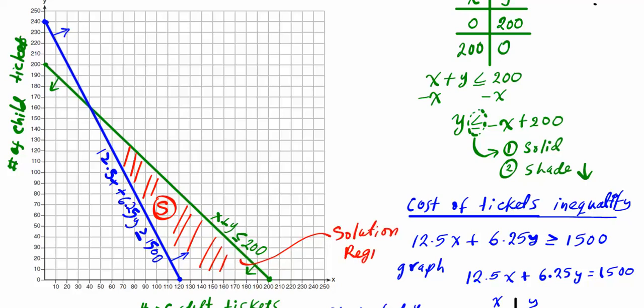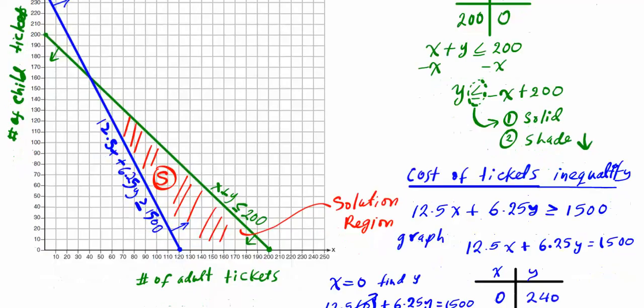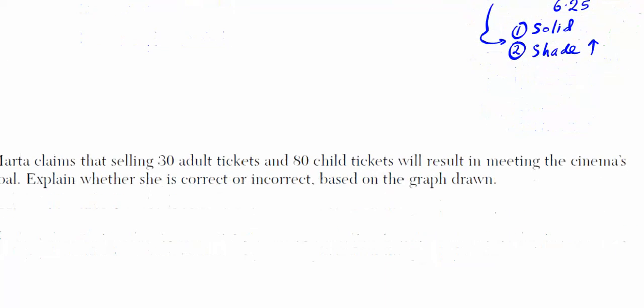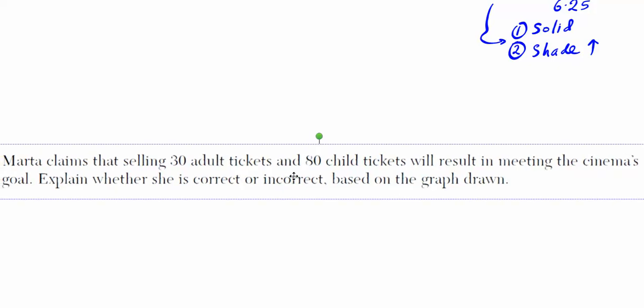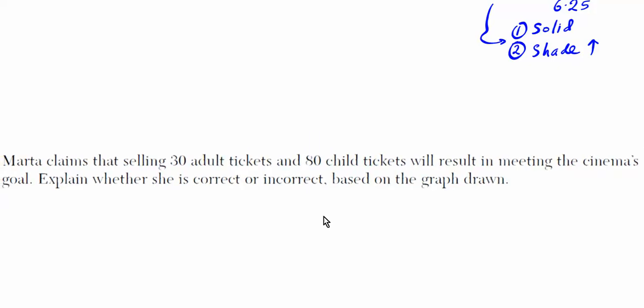Okay, almost there. Last question. It says, talking about Marta here, Marta claims that selling 30 adult tickets and 80 child tickets will result in meeting the cinema's goal. Explain whether she is correct or incorrect based on the graph. So remember, adult tickets is X, right?